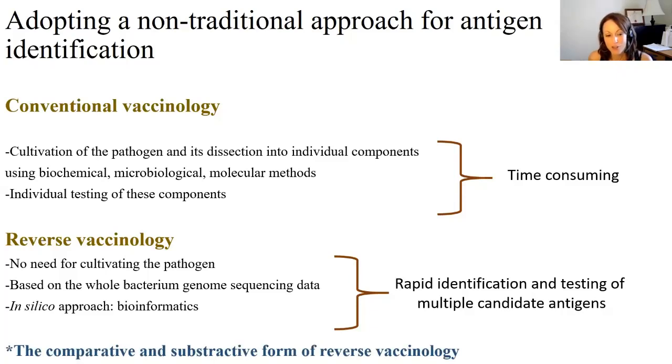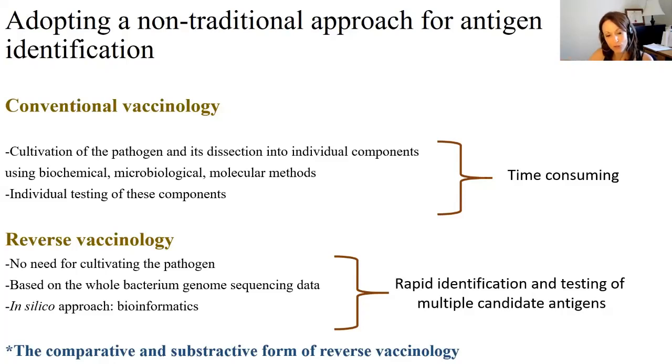A few words on the comparative and subtractive form of the reverse vaccinology approach. Comparative, because this way of using reverse vaccinology involves commensal and virulent clones of the bacterial species that is studied.